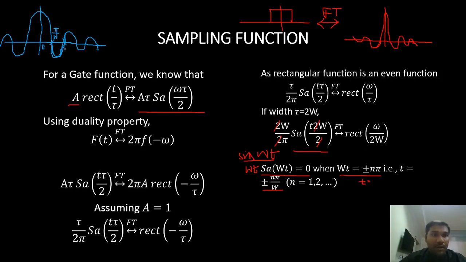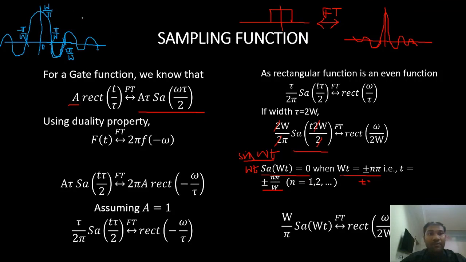Then at 2 pi by w, same thing here, negative pi by w, and so on. This is my function, and the amplitude of the sampling function is w by pi.